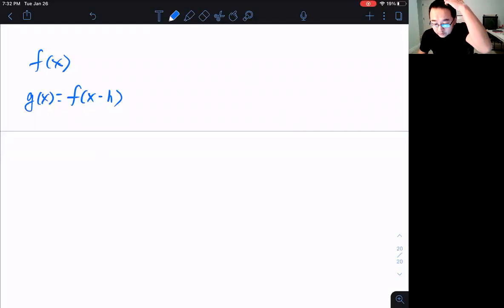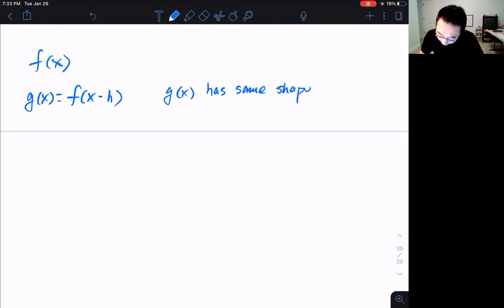So if this is the case, you know that g of x will have the same shape as f of x, but shifted by the distance of h.